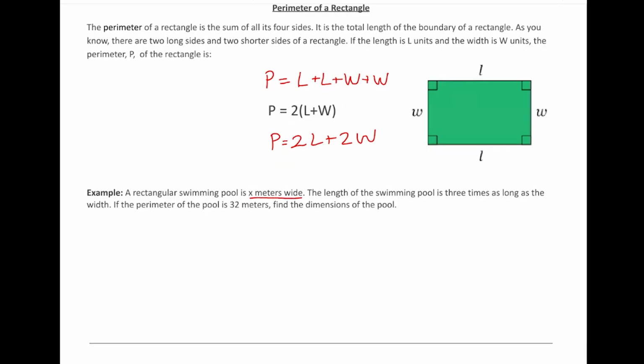So that's one of the dimensions, x. Maybe I'm going to sketch out this rectangle. The width is x, and it says the length of the swimming pool is 3 times as long as the width. So the length would be 3x.